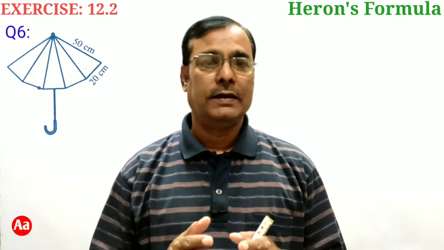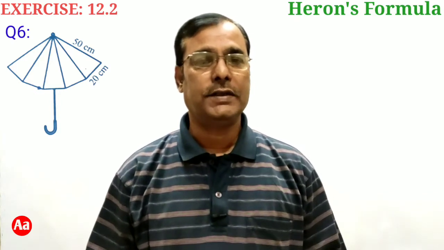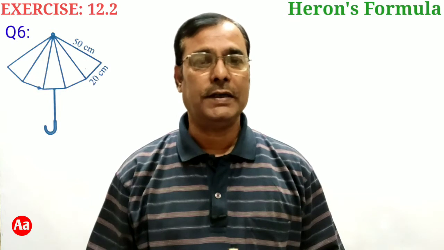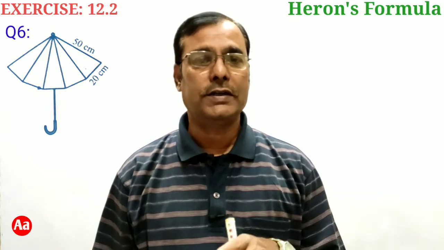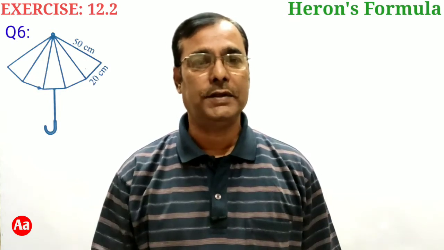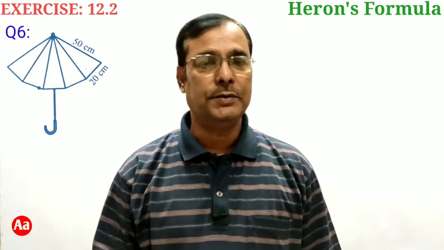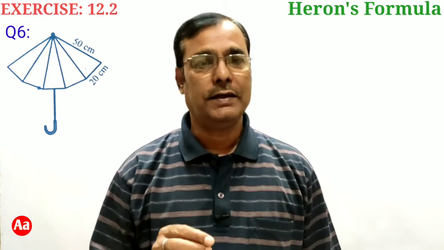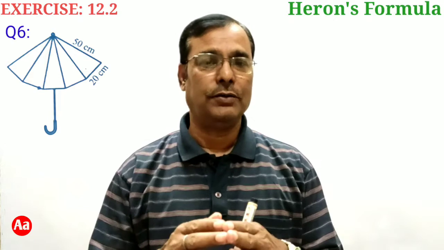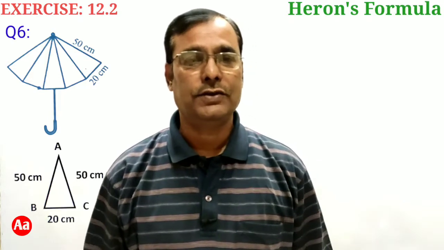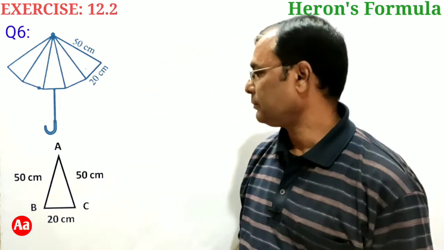To find the area of 5 triangular pieces of cloth, let us first find the area of one triangular piece of cloth whose dimensions are 20 cm, 50 cm and 50 cm. One triangular piece of cloth is shown here in this figure.